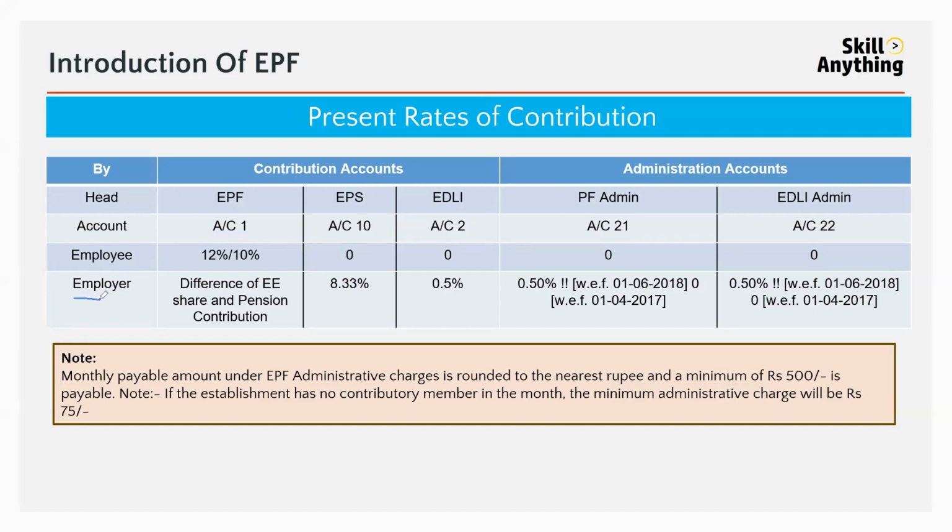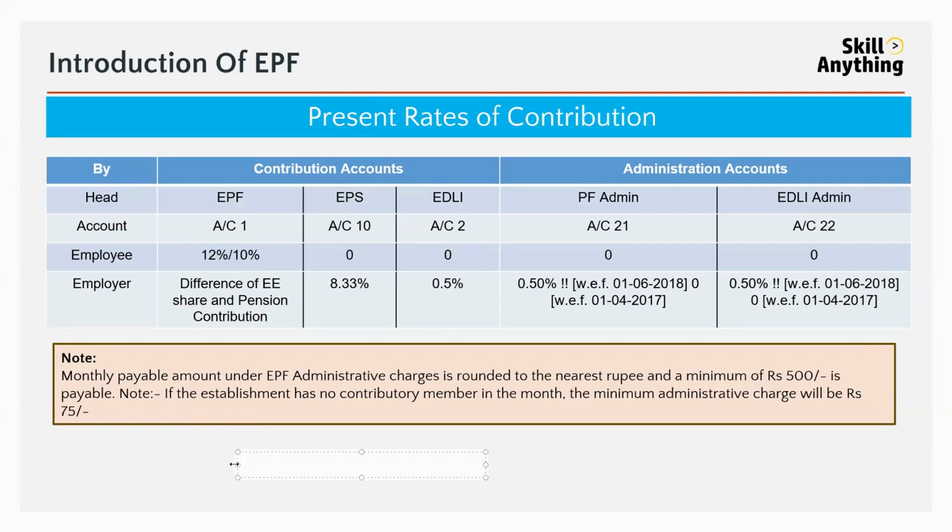Employer contribution in PF is the difference between the employee's EPF share and the pension contribution. Means the employee contribution in EPF minus the employer's EPS contribution equals the employer contribution in EPF.